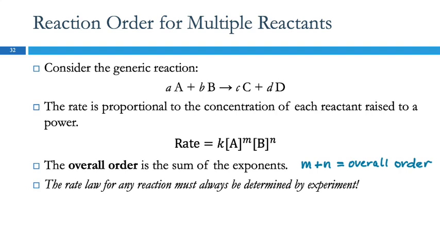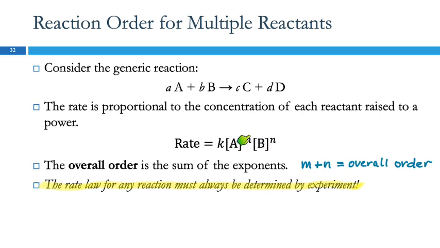And how do we figure out what the rate law is? We have to do experiments. When we defined the rate in terms of concentration, change in concentration over change in time, we were able to use these coefficients and just write out equations.